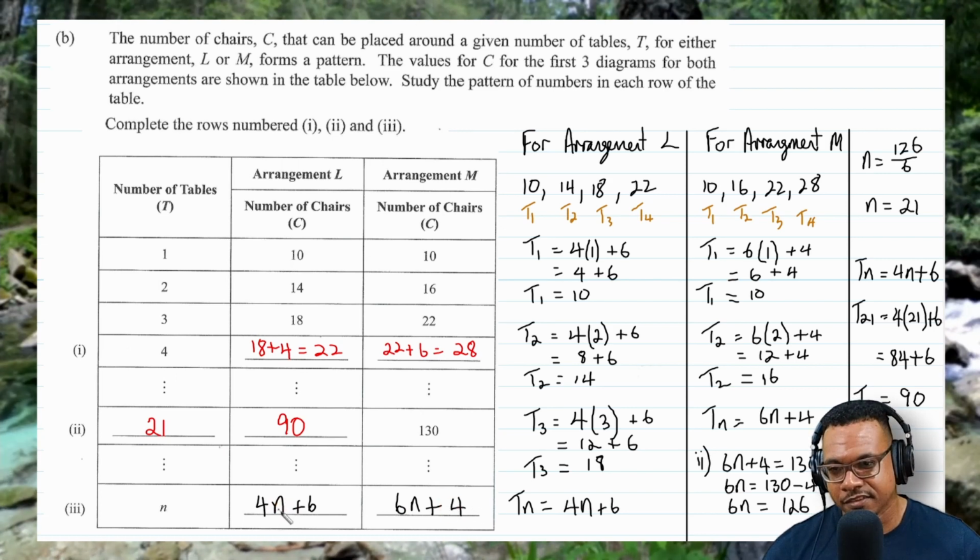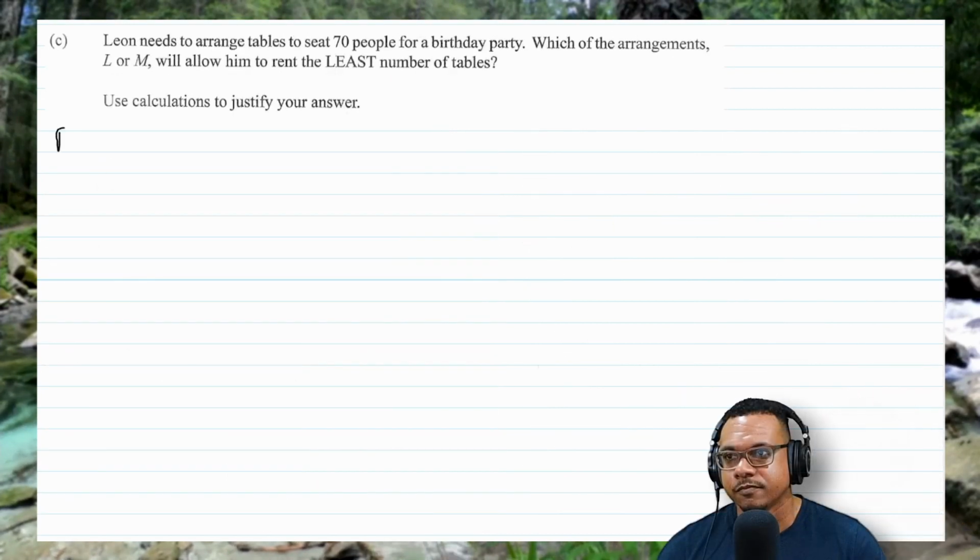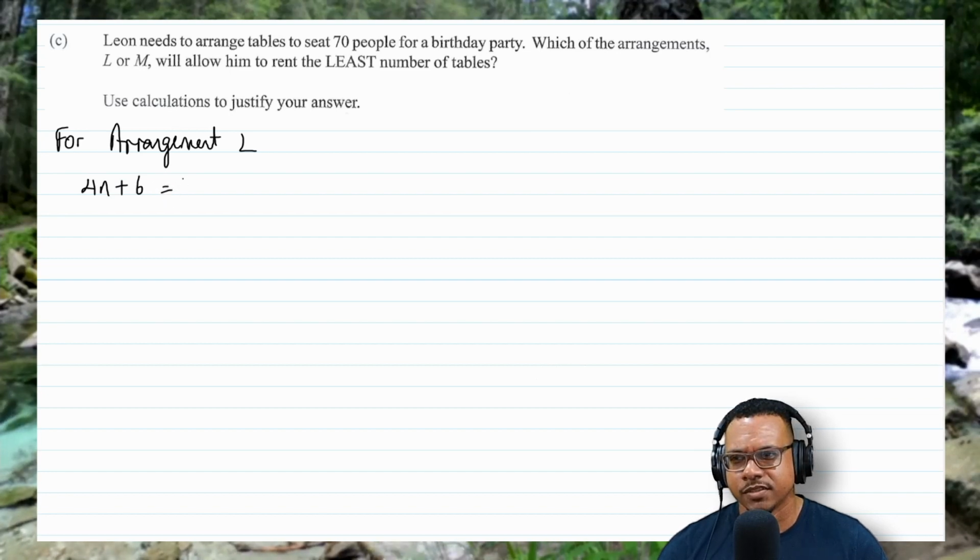So let's start with L first, which is 4n plus 6. So for arrangement L, we have 4n plus 6 is equal to 70. So we transfer the positive 6 across and turn to negative 6. So we have 4n is equal to 70, take away 6. So 4n is equal to 64.